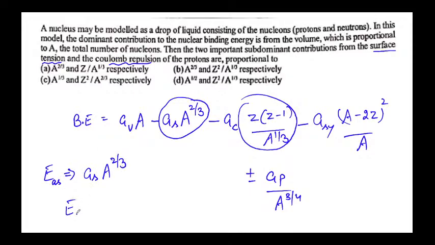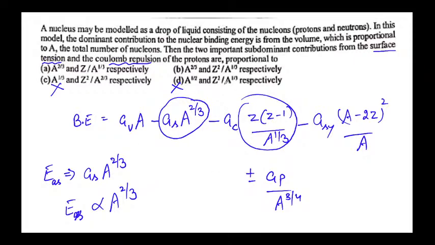So this binding energy related with surface tension is directly proportional to A^(2/3). Which options have A^(2/3)? Option A and option B have A^(2/3), C has 1/3. So C cannot be the option, and D cannot be either.